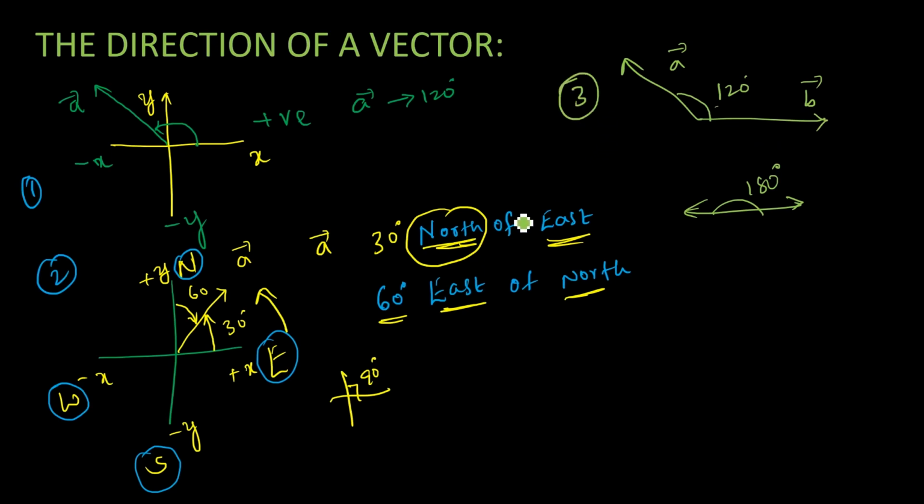These are the three very important points. Listen carefully. First point, we have to take the vector with the positive x-axis. Second point, if the arrow mark is towards the north pole, you have to take north first, then east, as in 30 degrees north of east.